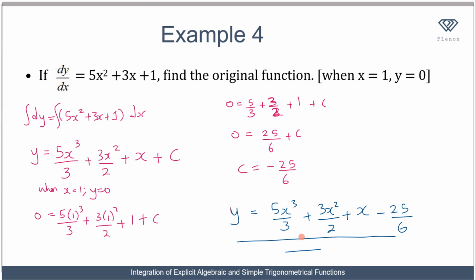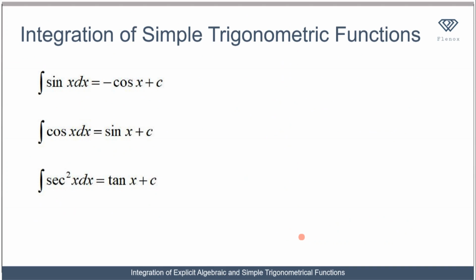So now let's talk about the integration of simple trigonometric functions. Before, I told you that integration is the reverse of differentiation. So let's try to see how that plays out. If you remember, when you differentiate sine x, you get cos x.